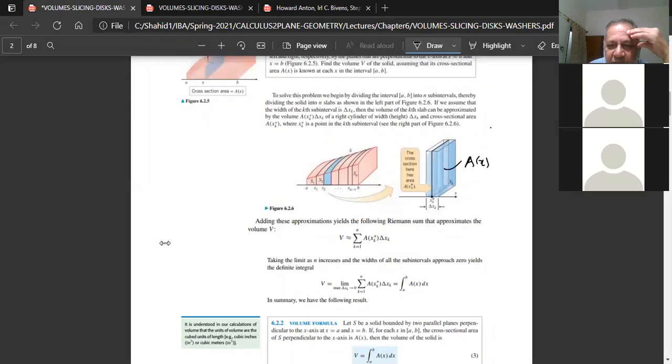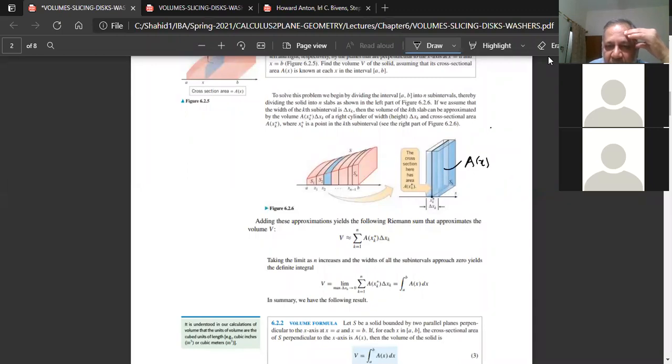If the area of a slice is a function of x, then you multiply it with dx. This slice has the width dx.